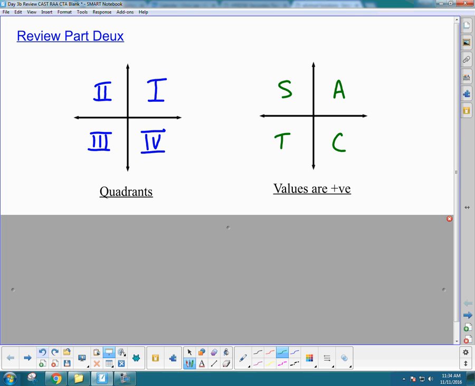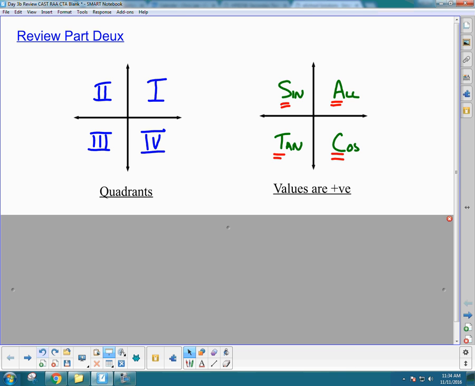So remember, the C stands for cos, the A stands for all, the S stands for sine, and the T stands for tan. It's too bad that the cast rule starts in the fourth quadrant, and then you go CAST. Because of that, I like to joke and say it's called the ASTC rule. So the ASTC rule, but we know it's actually the cast rule CAST.